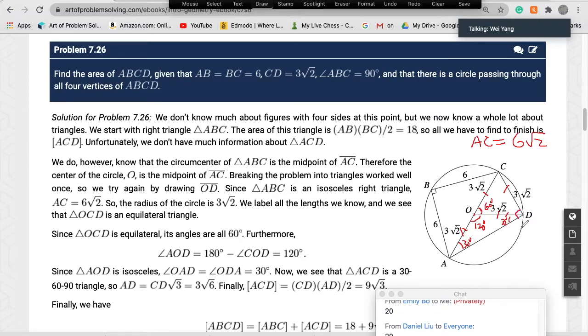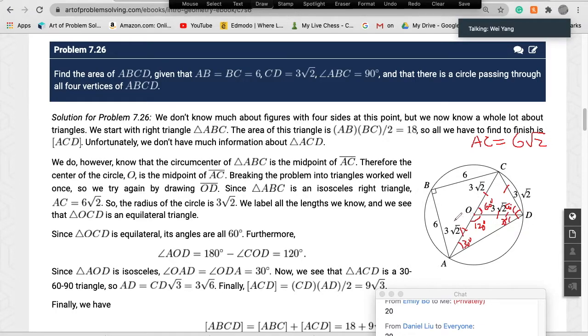CDA also will be a right angle, because this one is 60 degrees, you already got this equilateral triangle, and this one is 30. 60 plus 30, that's 90 degrees. Then E, find the area of quadrilateral ABCD.